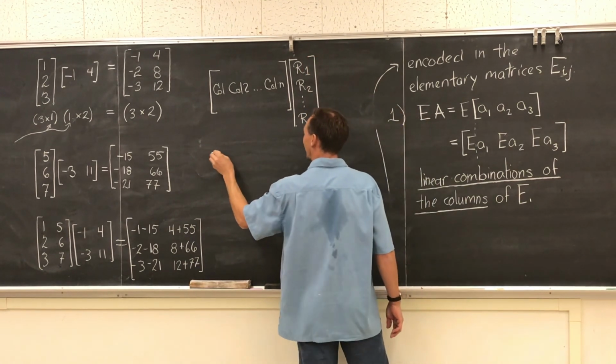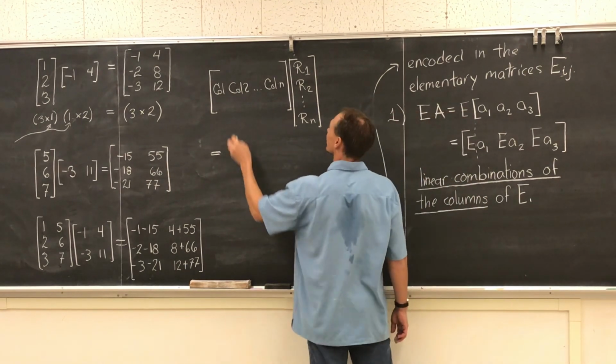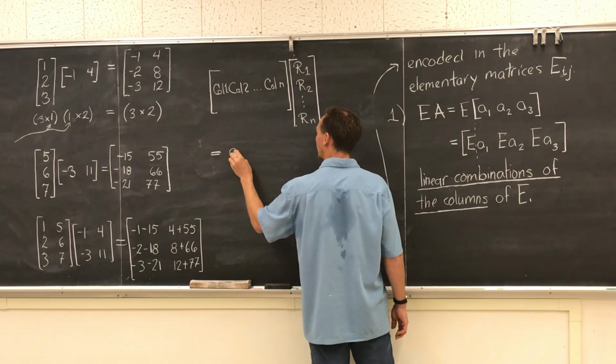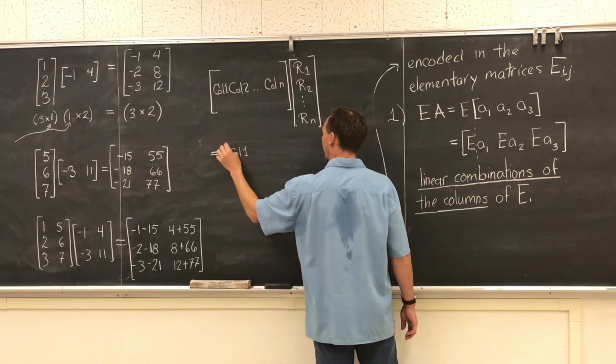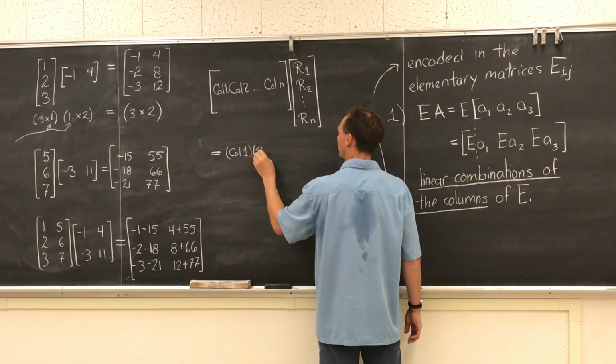Well, I could also find the answer by taking column 1, that's not a dot, this is just times row 1.